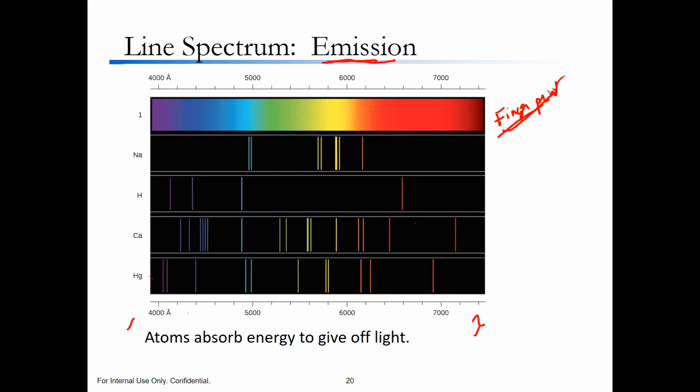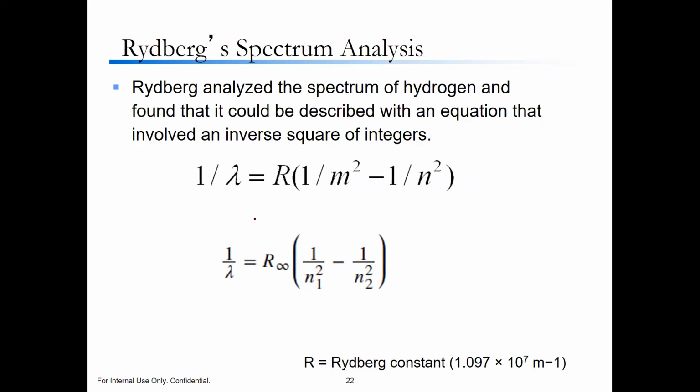Now, is there a mathematical formula that could predict these wavelengths? So this guy Rydberg came up with a math equation to predict this pattern for hydrogen. What's that formula? 1 divided by the wavelength equals some constant times (1 divided by n squared, minus 1 divided by n squared).